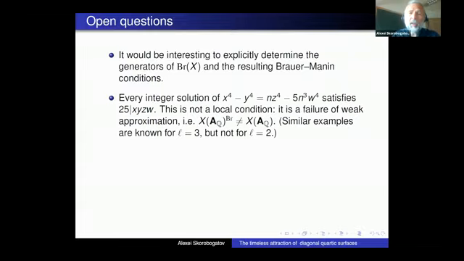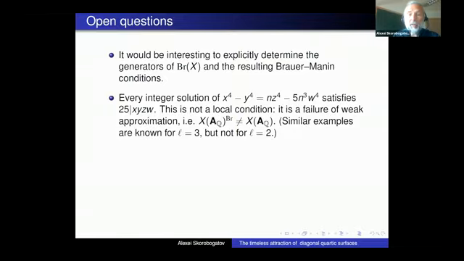Let me give an example of the situation in which the Brouwer-Manin set is not equal to the set of adelic points on X, in completely down-to-earth terms. This comes from the work with Hieronymo, and if you look at this infinite family of diagonal quartics over Q, where n can be any integer here, then it turns out that every integer solution of this, where all 4 coordinates are integers, satisfies this divisibility condition: 25 divides the product of coordinates.